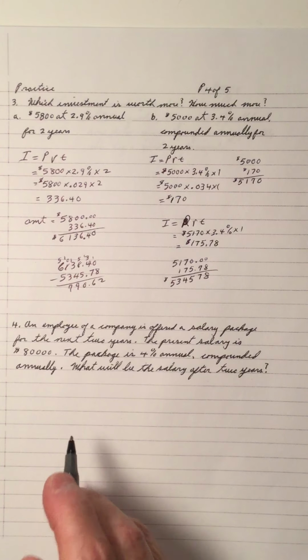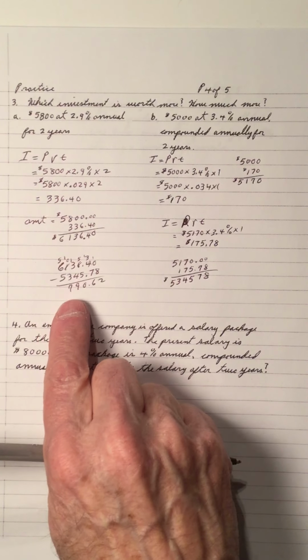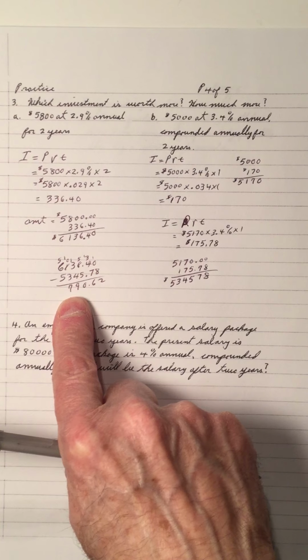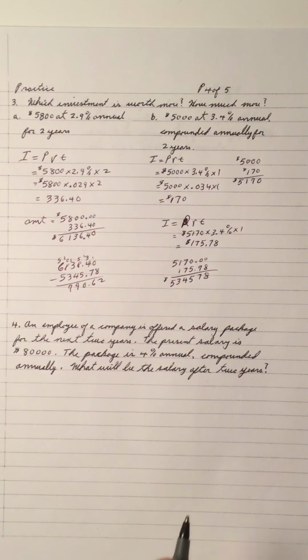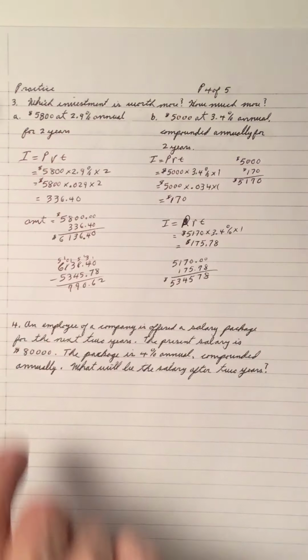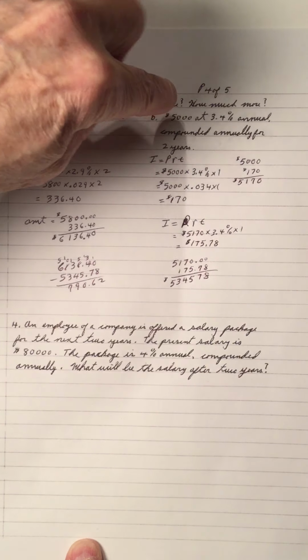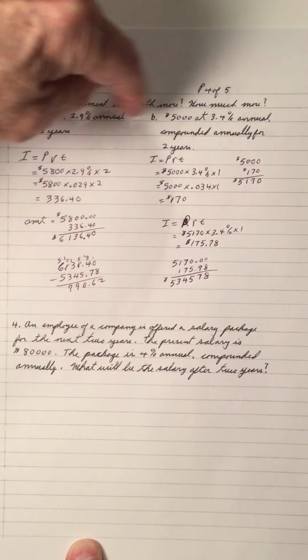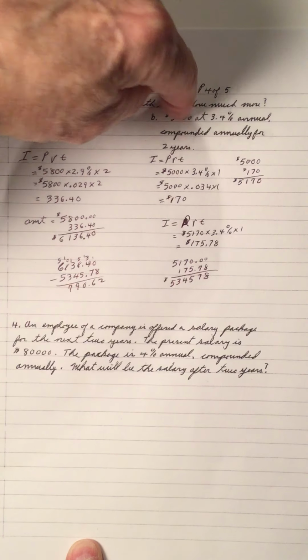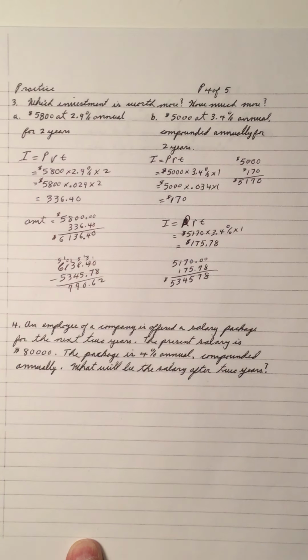So this one is the better one. It made $790.62 more. And you might look at that and say, yeah, I can see that this one's going to be that. But if you change the number to 6,000 here, which is close to this, would this one do it or would you have to eyeball it?